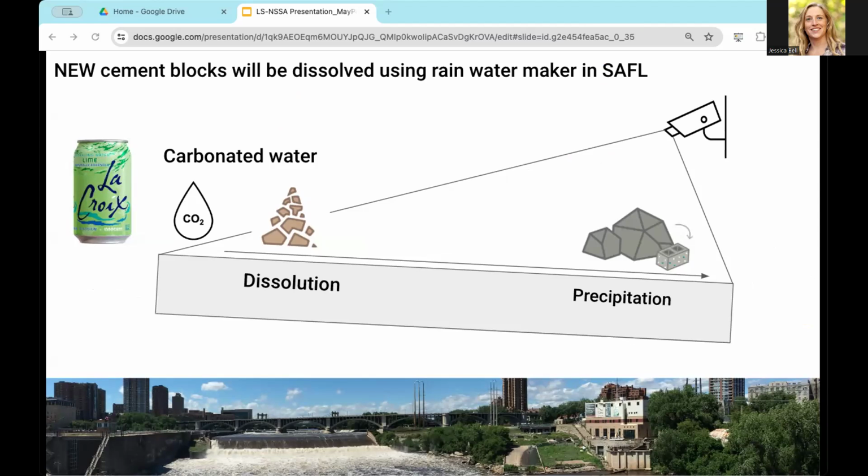You can easily think of the carbonated water as LaCroix, so there's a lot of carbon dioxide dissolved in there. As soon as it reacts with the cement materials, it will start to dissolve cement and make a precipitation. The entire process will be imaged with a camera and also a laser scanner so that we can see the deformation of the surface and also color changes.